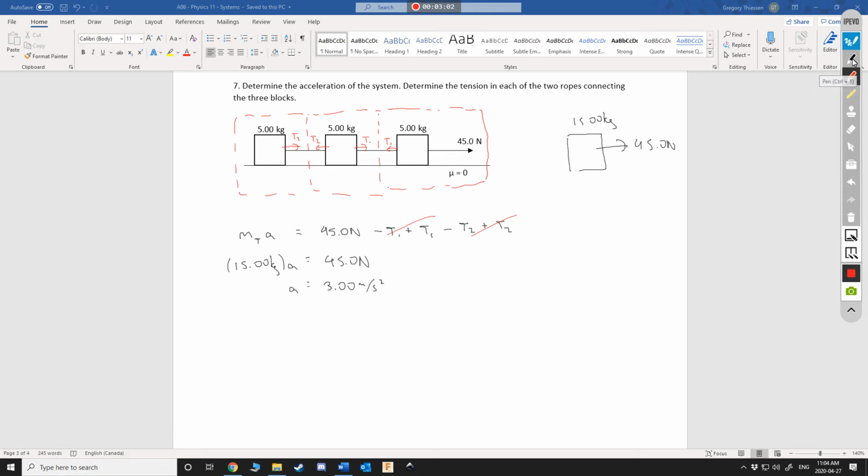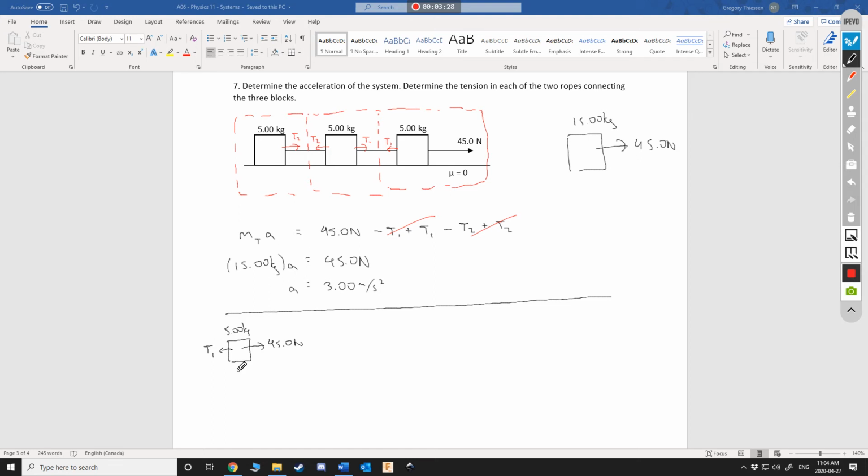So if we look at just T1 to begin with, we have this 5 kilogram block on the right. It's being pulled by 45.0 newtons, and it's being opposed by this T1. So what this T1 represents, it's pulling something. It's pulling this 10 kilograms worth of mass.